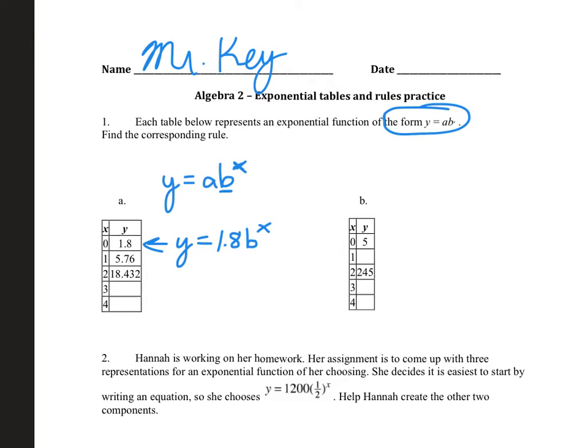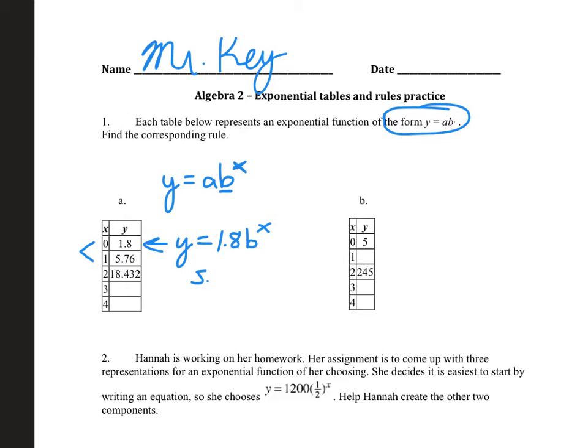Now remember, b is a multiplier, a repeated multiplier in the case of an exponential function, and we're going to multiply it by 1.8 to start. So if we make x go from 0 to 1, increasing x by 1, 1.8 has to get multiplied by that thing to make it turn into 5.76.